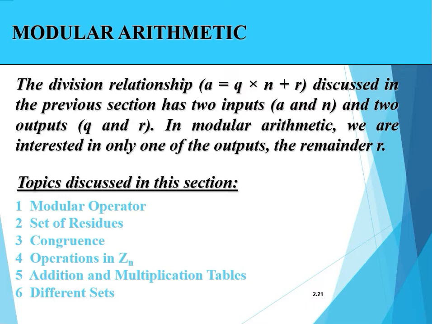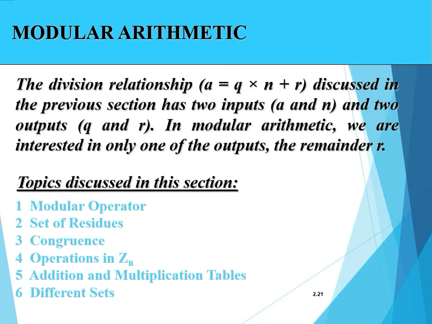We do not care about the quotient. In other words, we want to know the value of r when we divide a by n. This implies that we can change the above relation into a binary operator with two inputs, a and n, and one output, r.